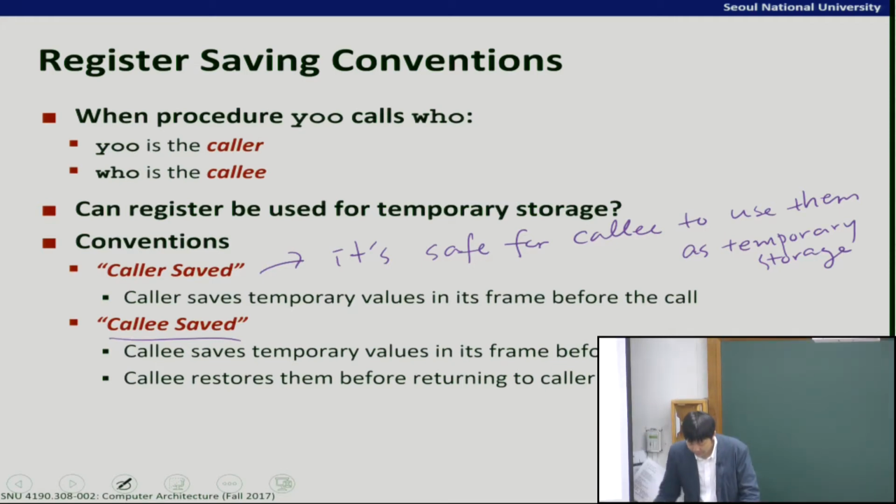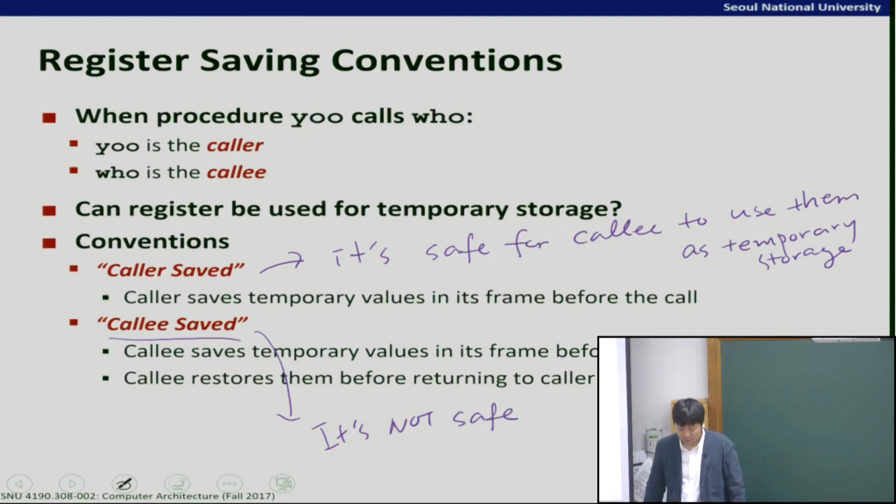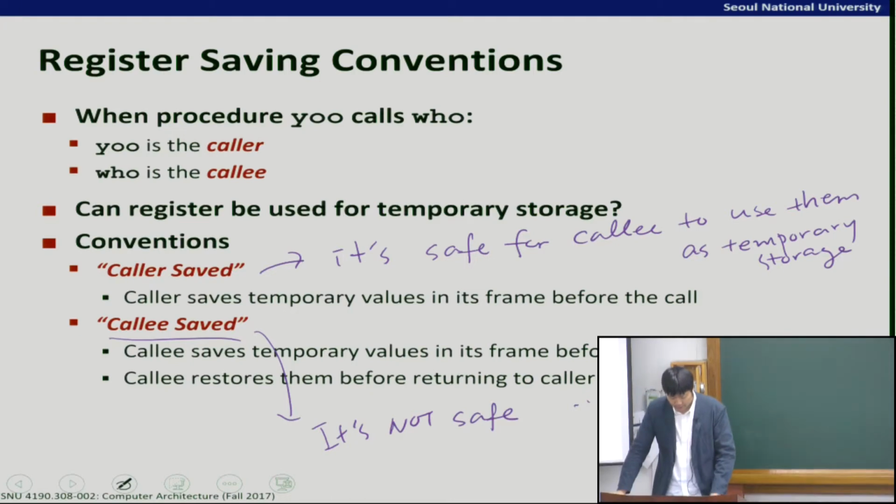So in this case, the callee. It's not safe for the callee to use them as temporary storage. The callee must save these temporary values in the frame before using, and the callee restores them before returning to the caller.